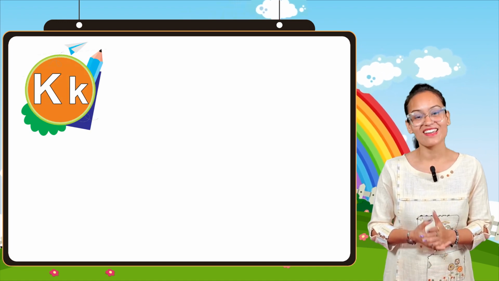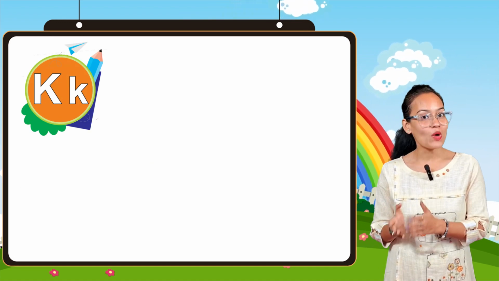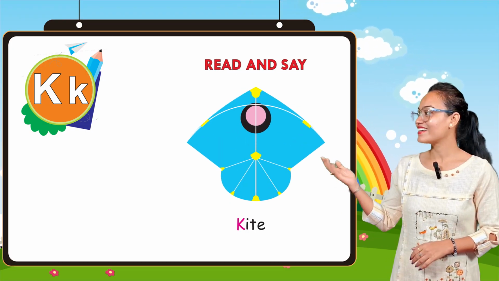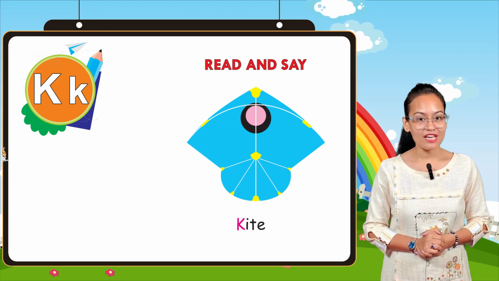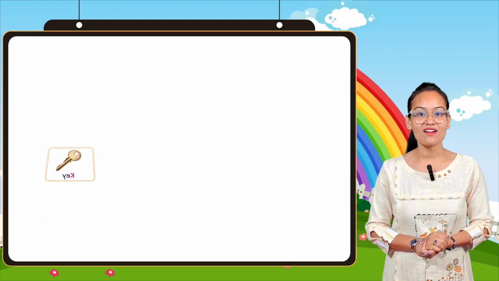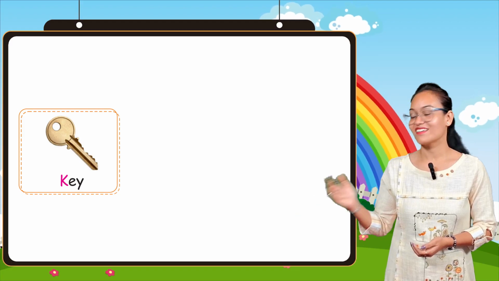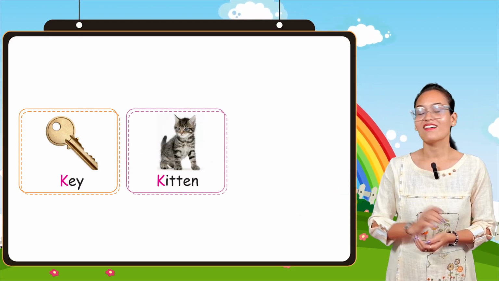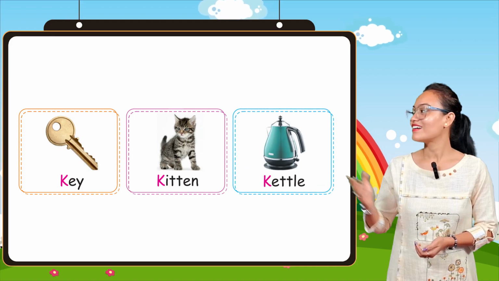Alphabet K. Capital K, small k. Read and say: K for kite, K for kangaroo, K for key, K for kitten, and K for kettle.